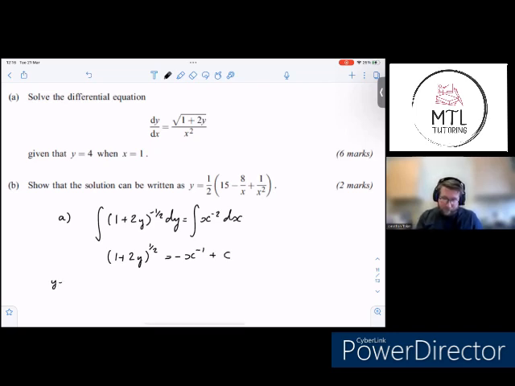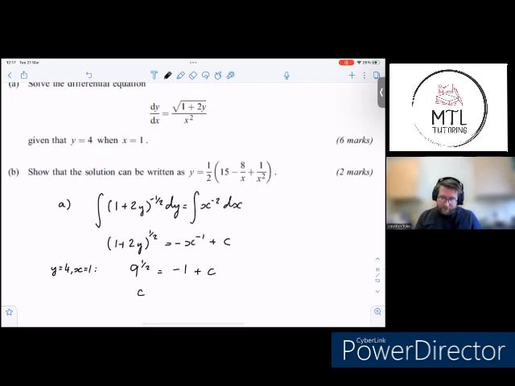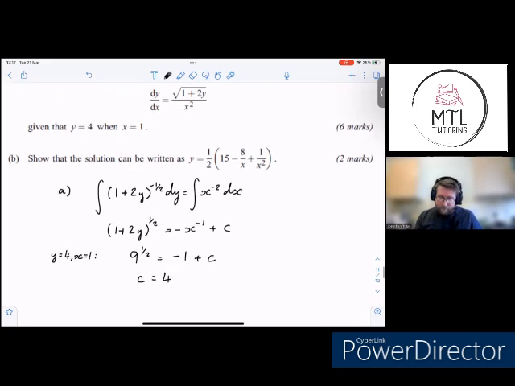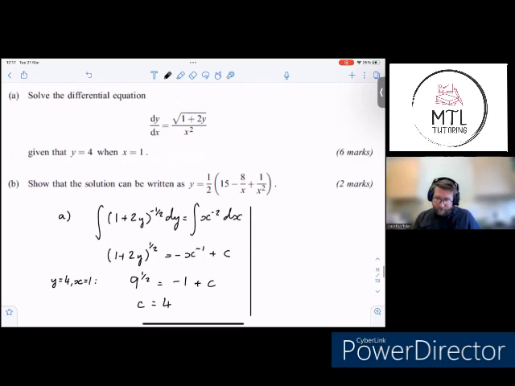We've got y equals 4 when x equals 1. So that gives us 9 to the half equals minus 1 plus c. So c is 4. So let's just carry on over here and make another column.